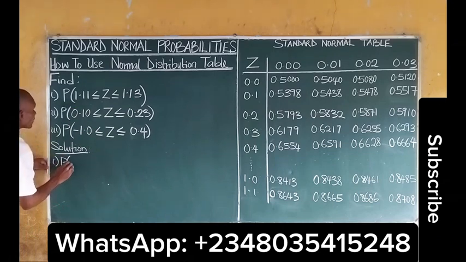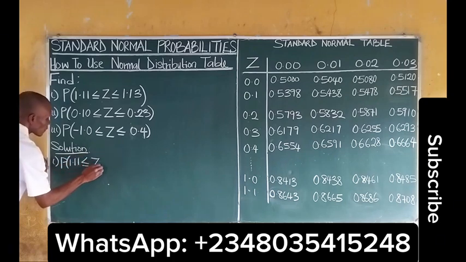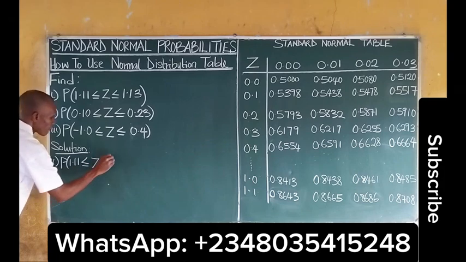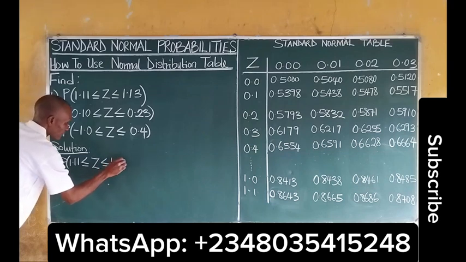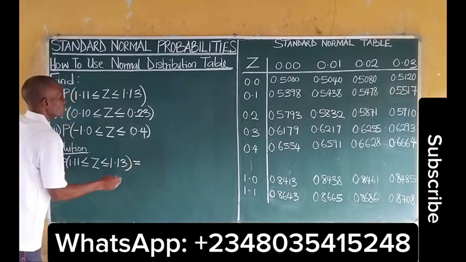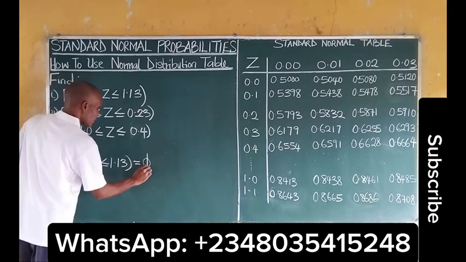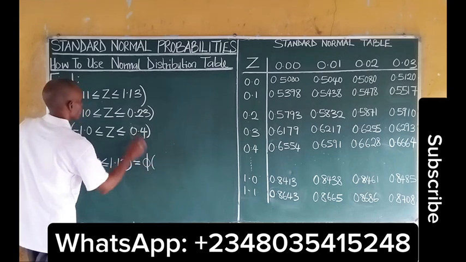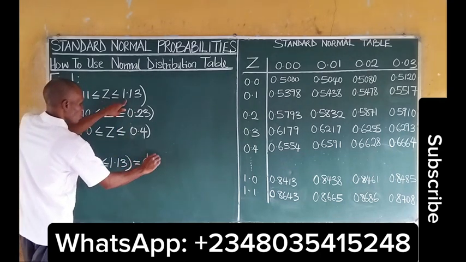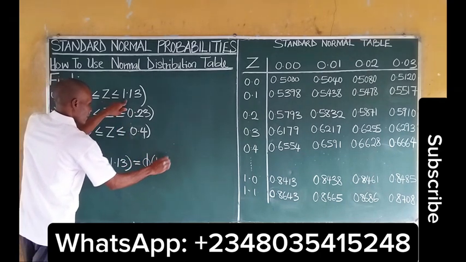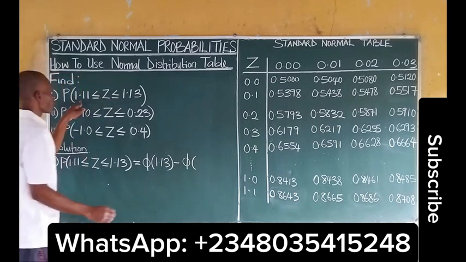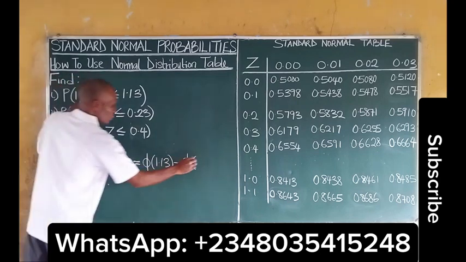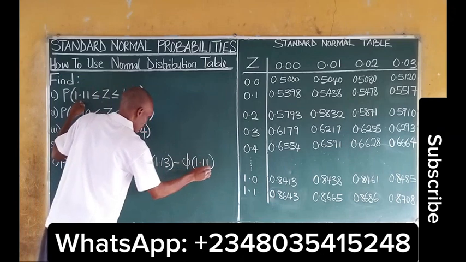The probability that 1.11 is less than or equal to the standard normal Z, which is less than or equal to 1.13, is equal to the standard normal curve of Z2, which is 1.13, minus the standard normal curve of Z1, which is 1.11.